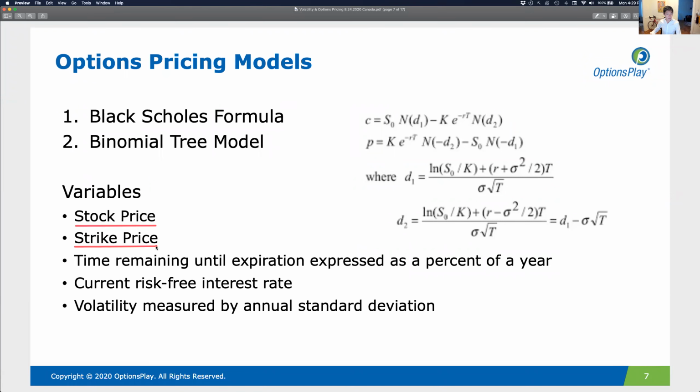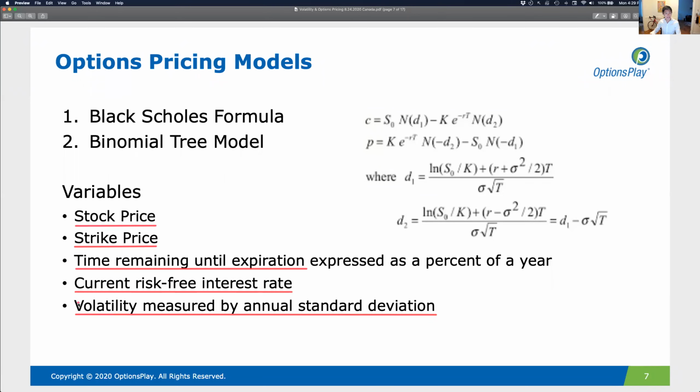We enter the strike price of the option that we want to trade. We look at the amount of time remaining until expiration, expressed as a percentage of the year. We also look at the current risk-free rate of the markets. And then what we input is the volatility measured by annual standard deviation.